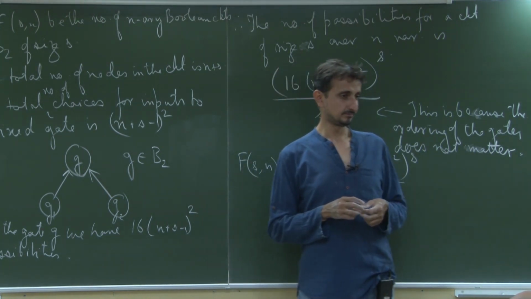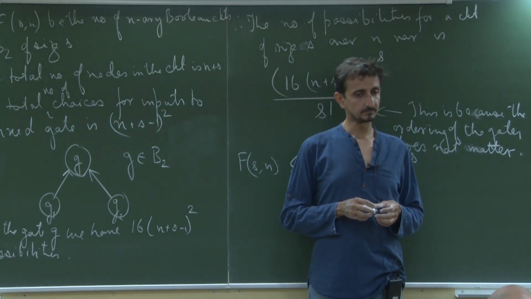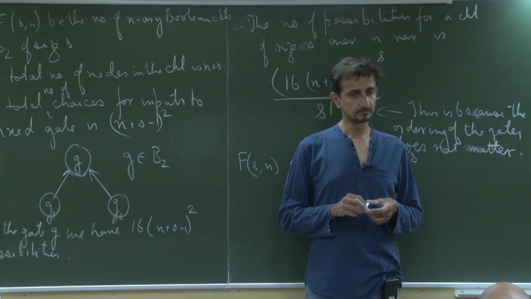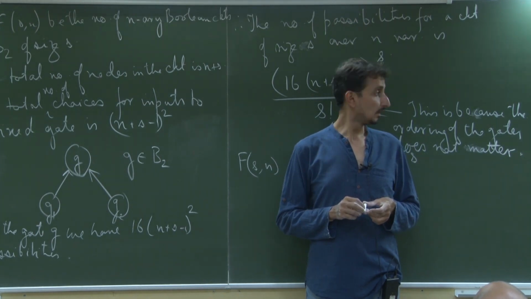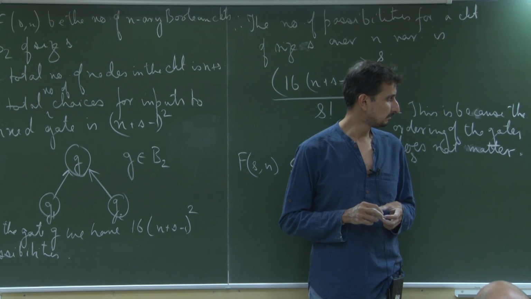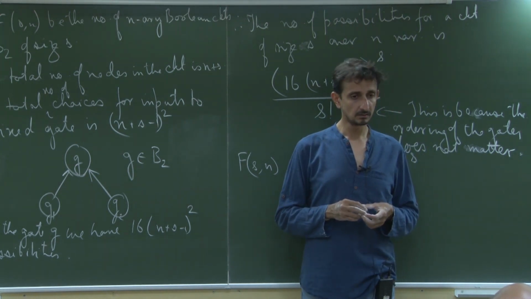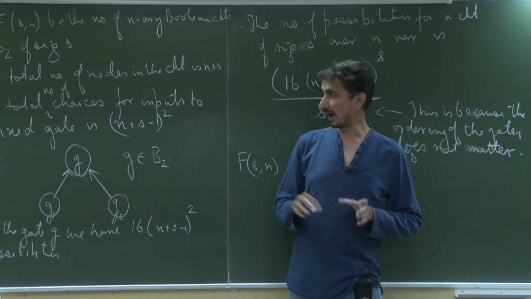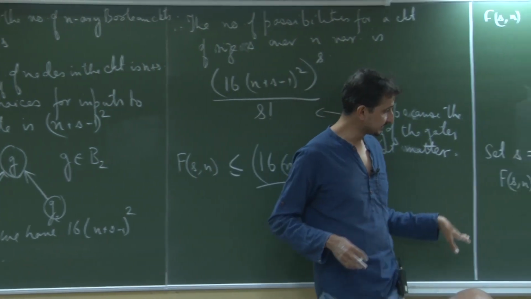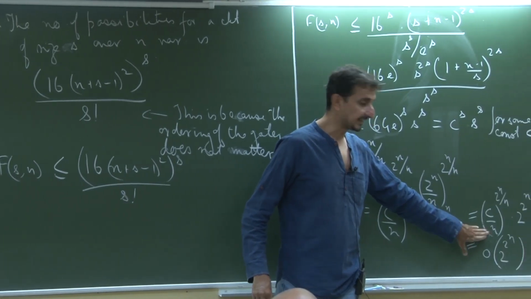Sir, the quantity 2 to the n by n, we can put any constant in the denominator, 2 to the n by cn. You can put, yeah. Then this will work. But we cannot put n square, no? 2 to the n by n square. No, no. So, I want to put a quantity which will simplify to something that I can work with.